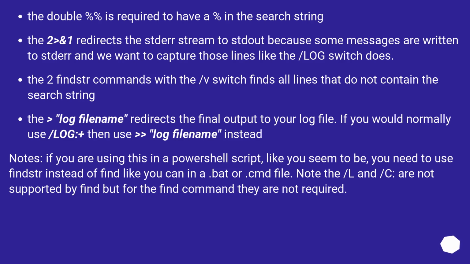The 2>&1 redirects the stderr stream to stdout because some messages are written to stderr and we want to capture those lines like the /log switch does. The 2 findstr commands with the /v switch find all lines that do not contain the search string. The > log file name redirects the final output to your log file. If you would normally use /log+ then use >> log file name instead.